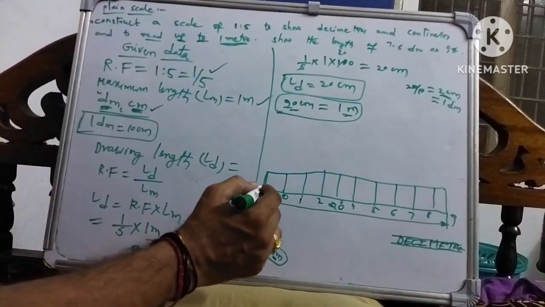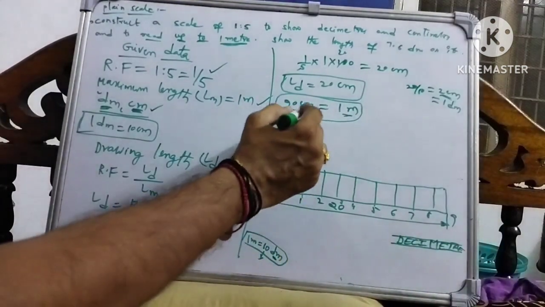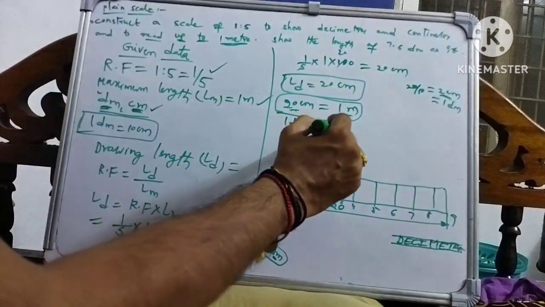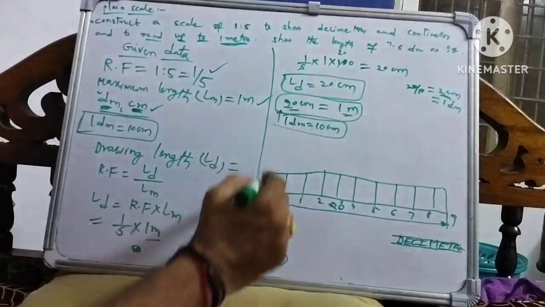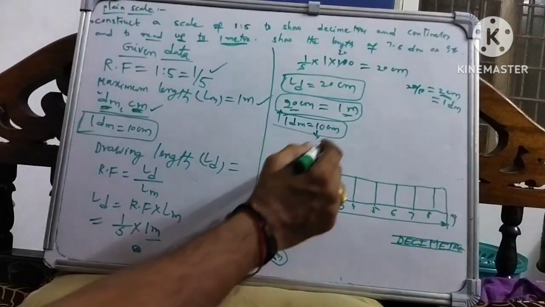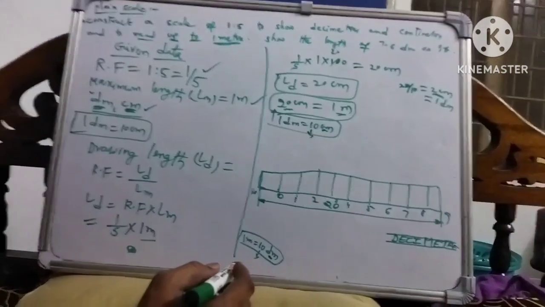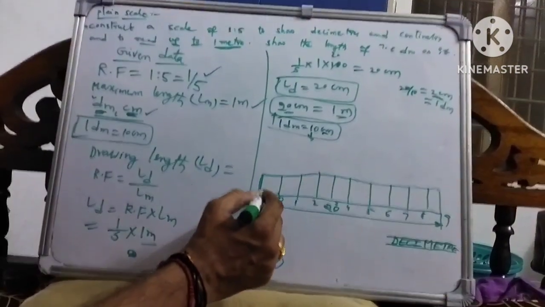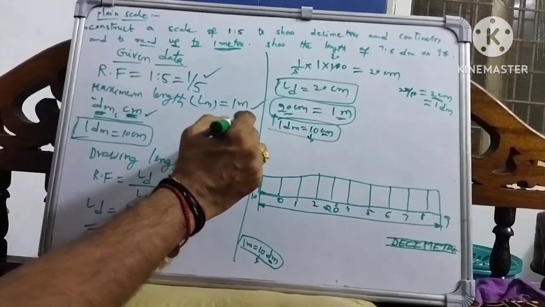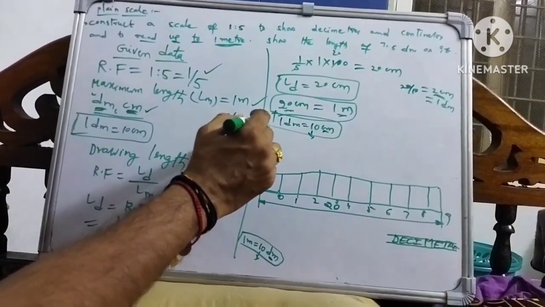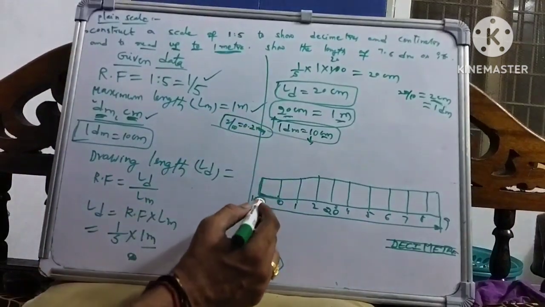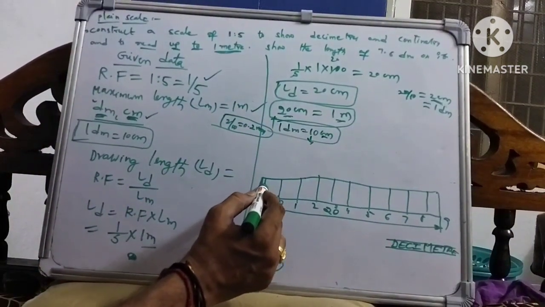Next, the decimeter line should be divided again into 10 parts, because 1 decimeter is equal to 10 centimeter, so that each part shows 1 centimeter. So this is a 2 centimeter line length. 2 centimeter divided by 10 parts is equal to 0.2 centimeter, that is 2 mm. For each 2 mm, mark 1.